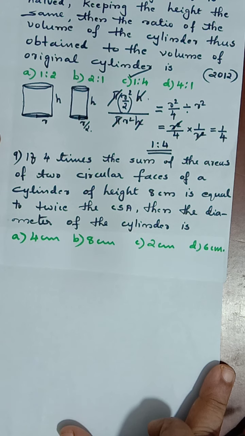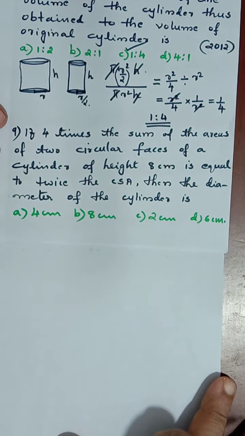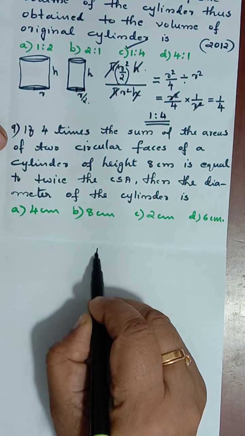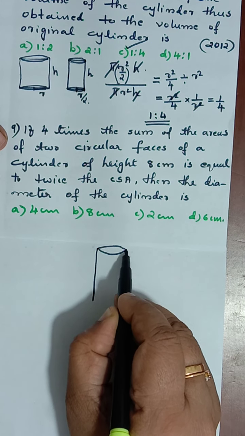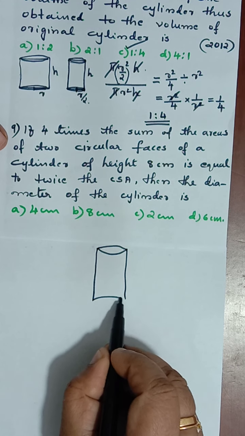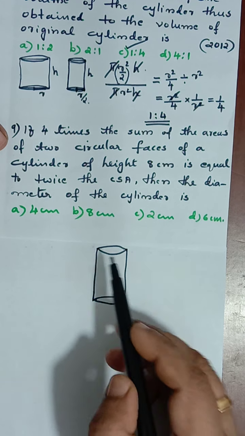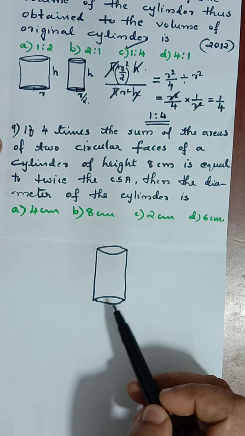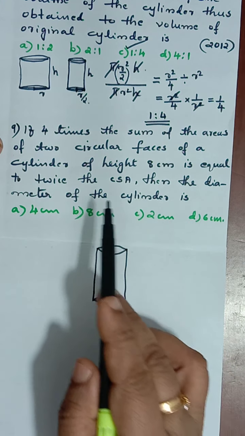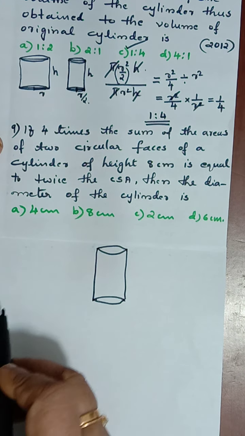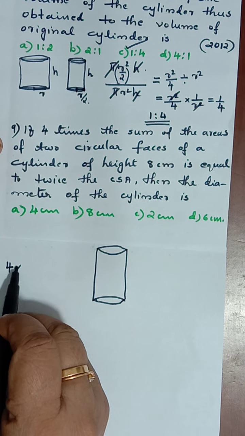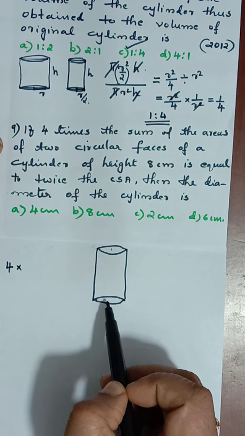Consider a cylinder like this. Circular faces mean these bases. So we need 4 times the sum of the areas of the two circular bases.